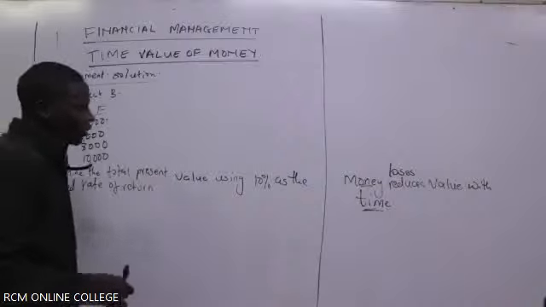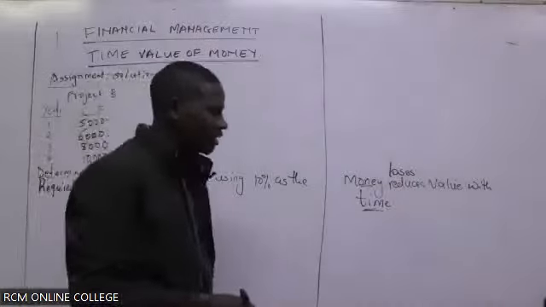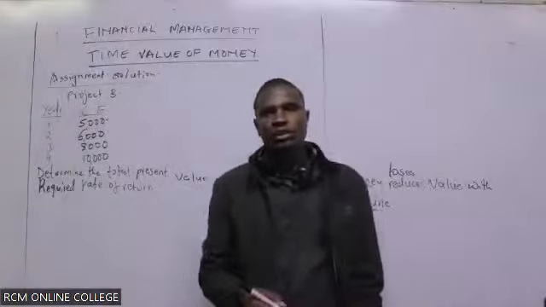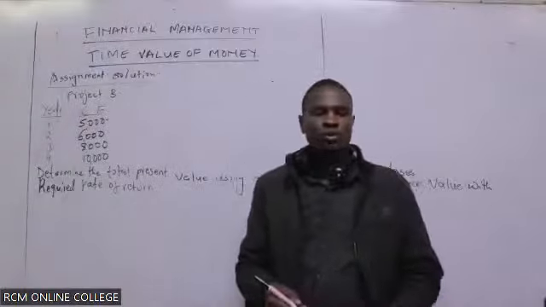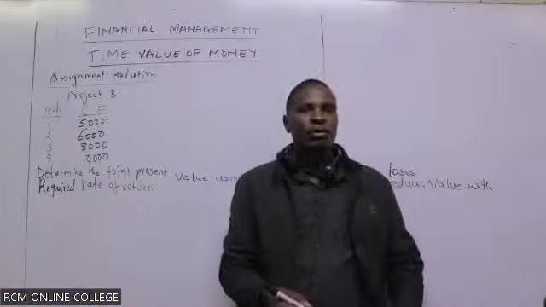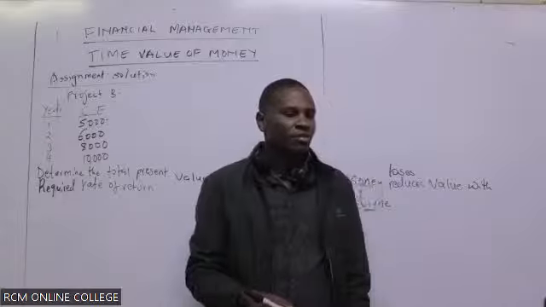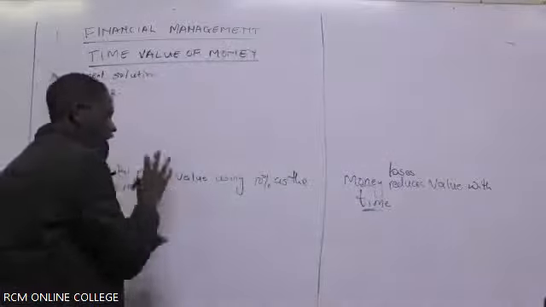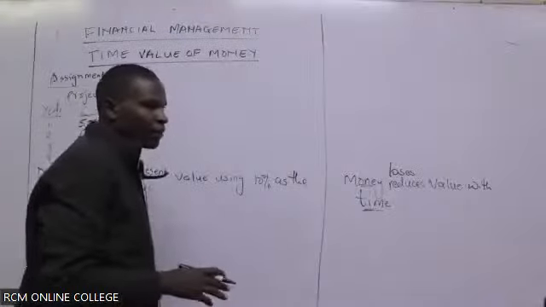Once the examiner asks you such a question, you need to first of all identify the type of cash flow that you have. What is the type of cash flow here? Regular or irregular?